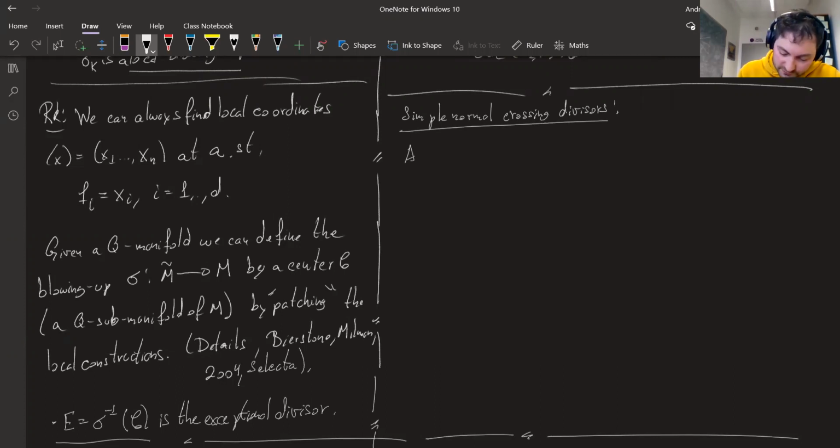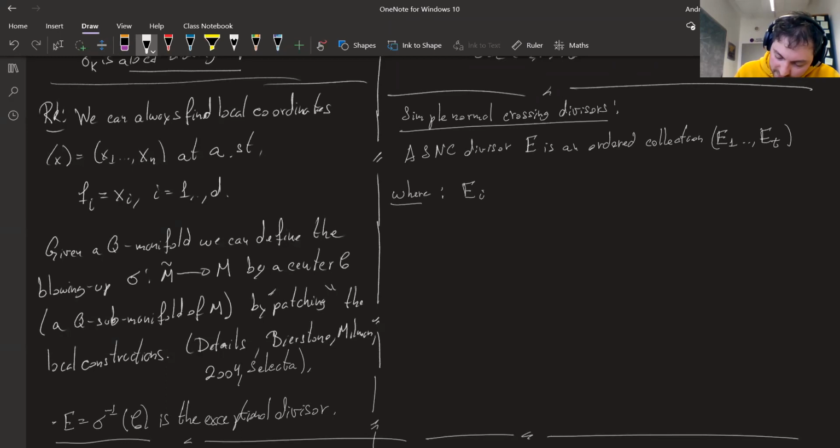So a simple normal crossing divisor E is an ordered collection E1 to Er, a finite ordered collection, where these Ei are irreducible smooth divisors.